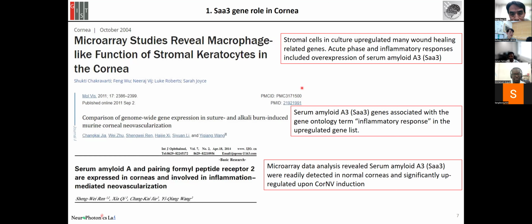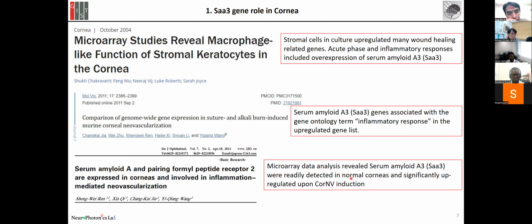The second is about neovascularization in the alkali-burn induced model. They said if these are upregulated, then there's an inflammatory response. In another journal, they are saying that both normal and injured corneas also have this kind of activity, while upregulation means there is inflammation going on.